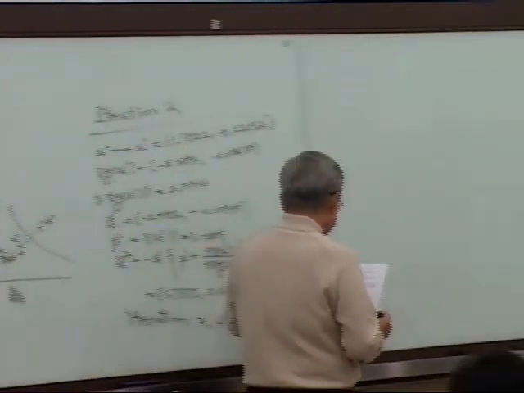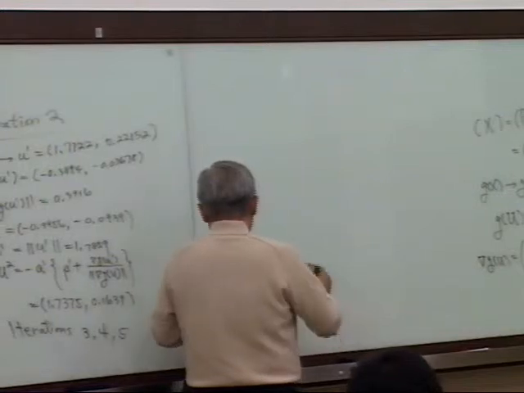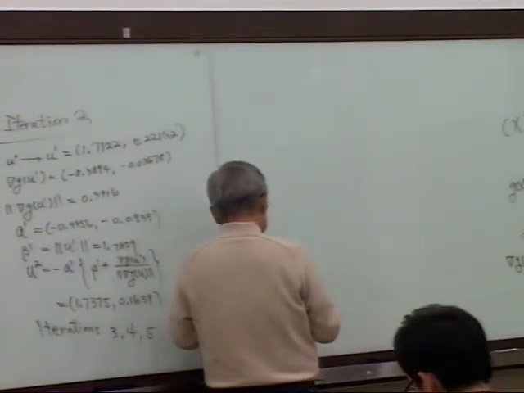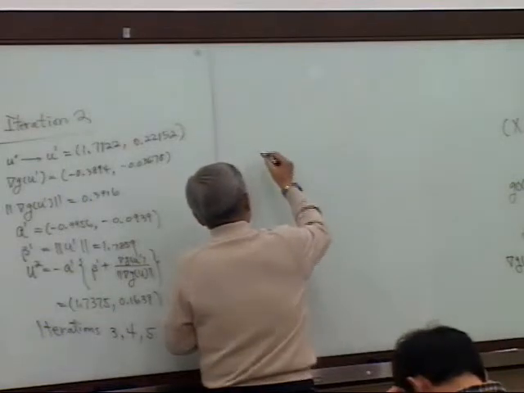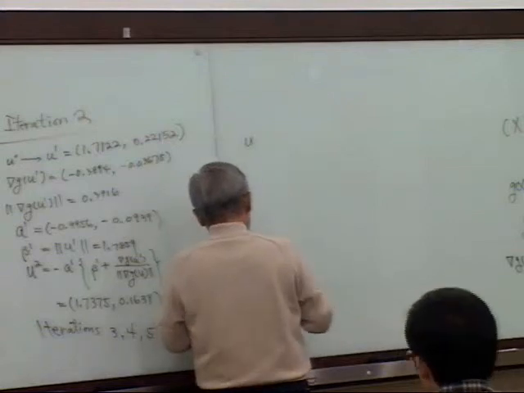So by looking at this, the U value here is the second iteration, right?